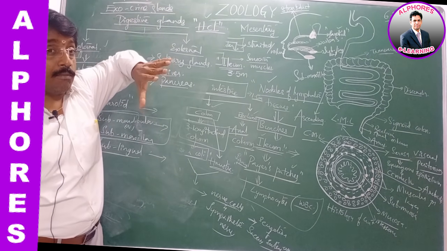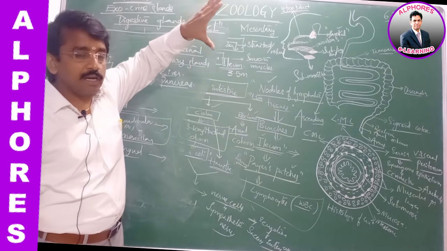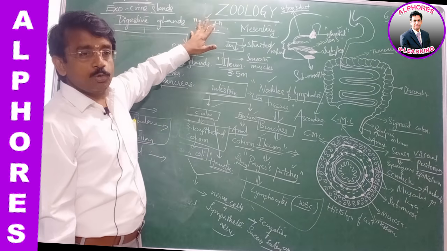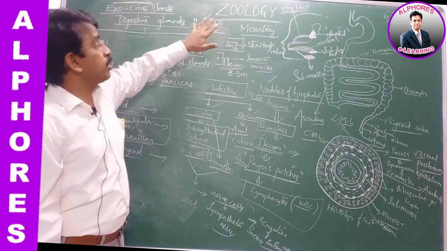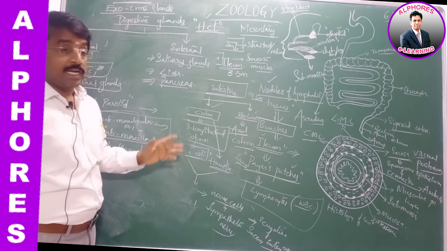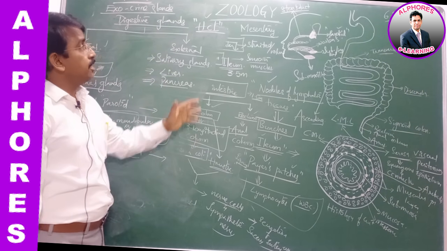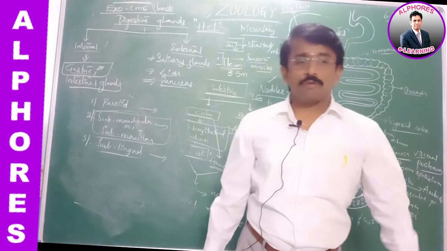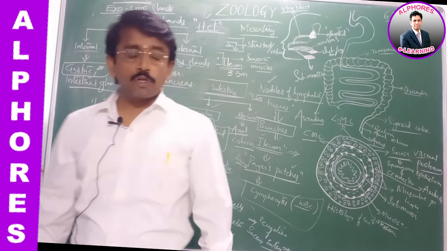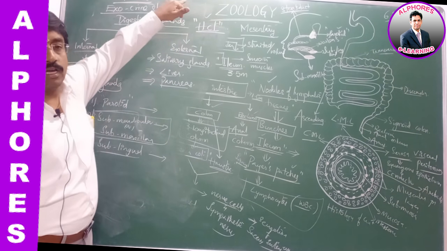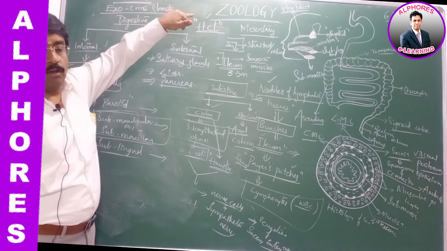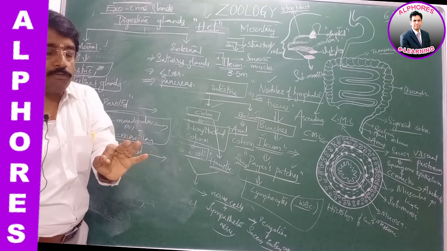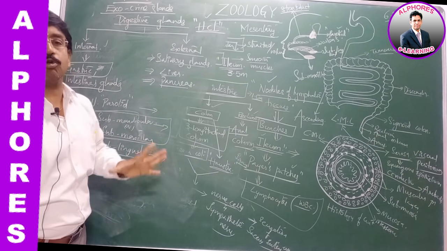Because of the HCl, it is highly acidic, which plays a role in the conversion of inactive pepsinogen into active pepsin. That's what it is, an enzyme activator. It kills the bacteria. And the calcium intrinsic factor is responsible for absorption of vitamin B12, cyanocobalamin.